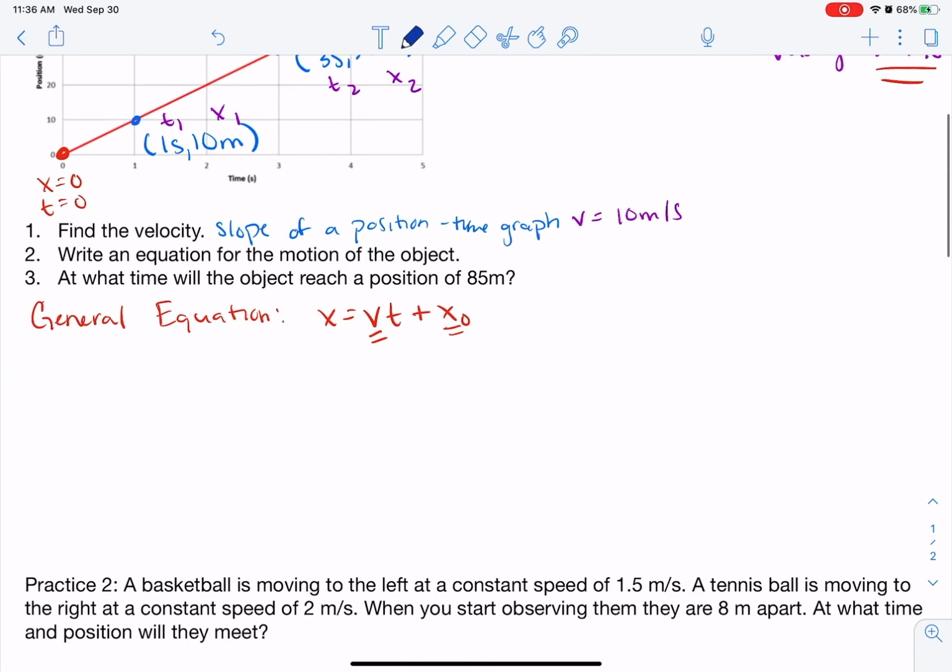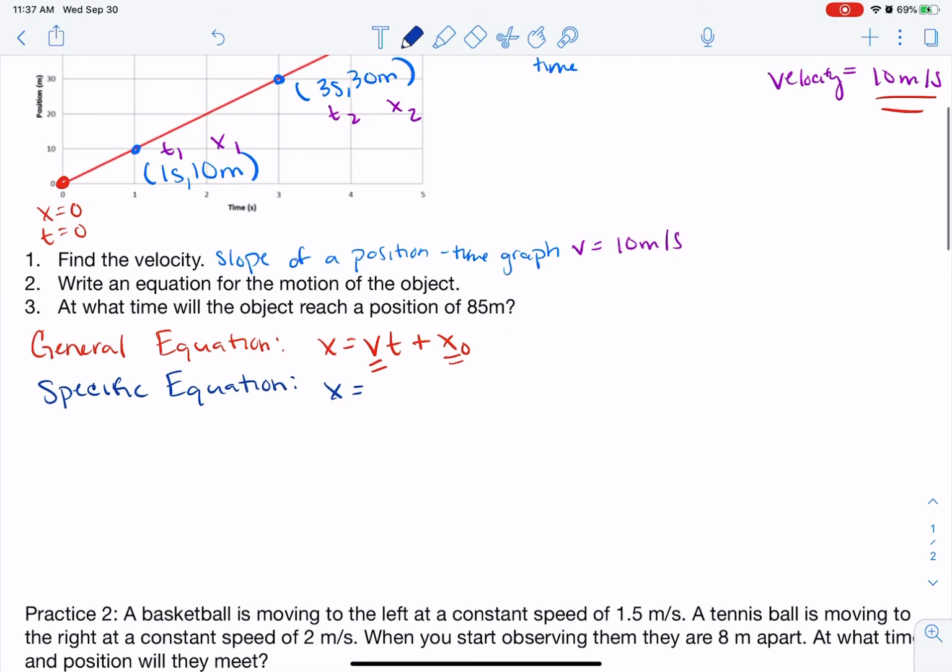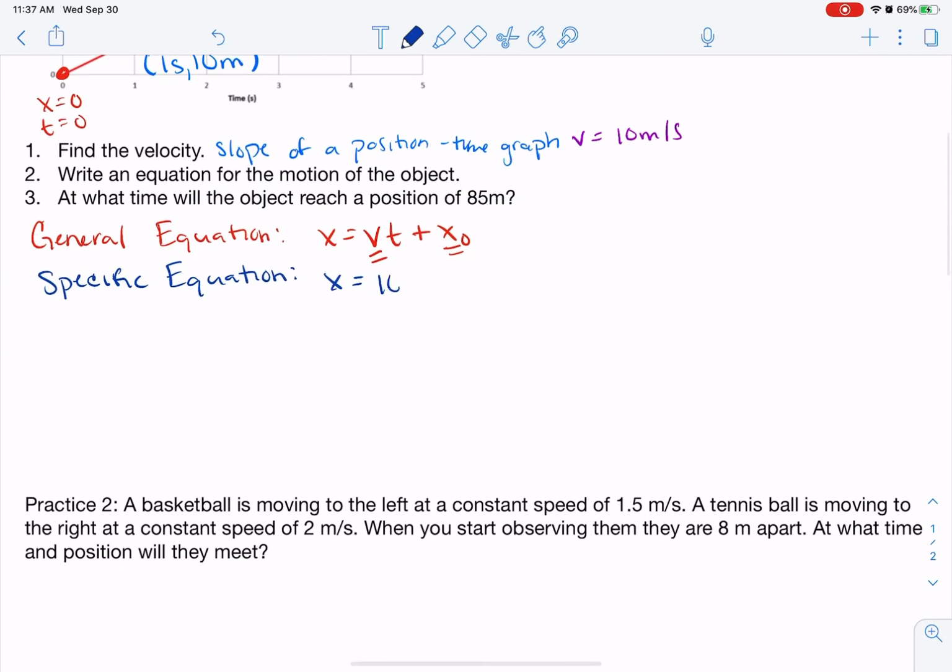And so we get our specific equation, which is x equals, plug in our velocity, which is 10, t plus plug in our starting position, which is 0. And this is our answer to number 2. Okay, this is our equation for the motion of the object.